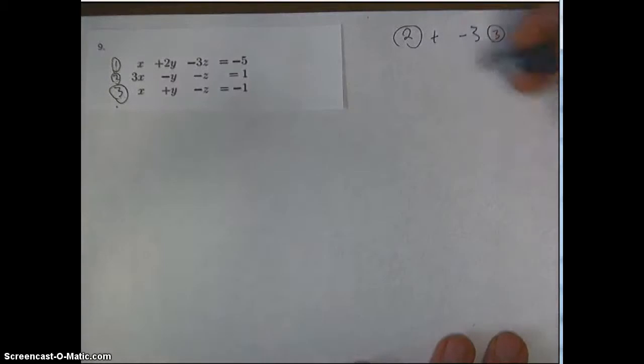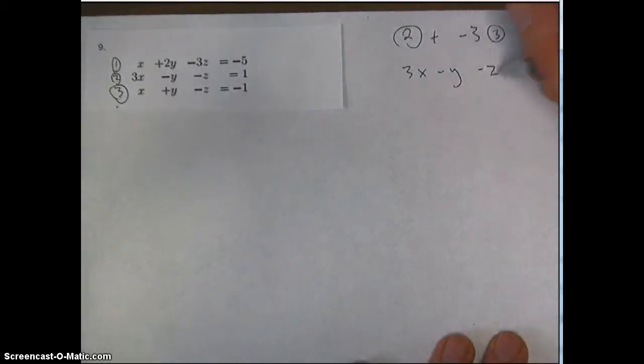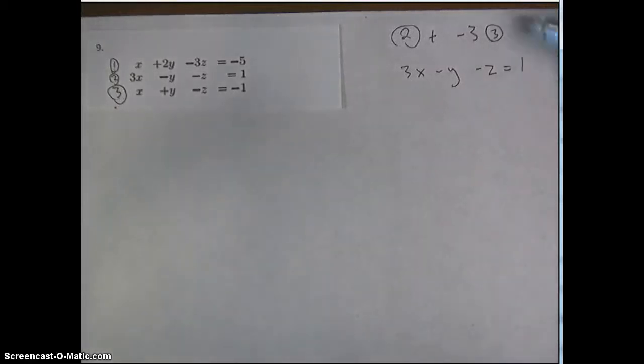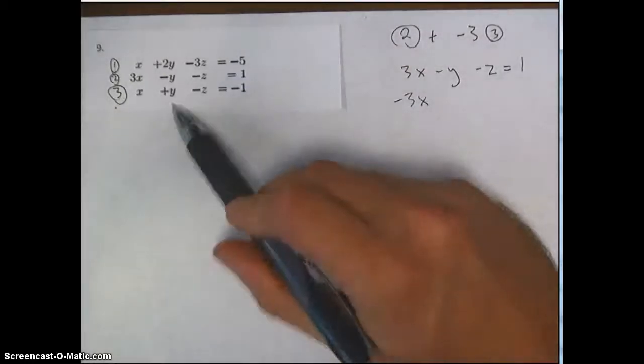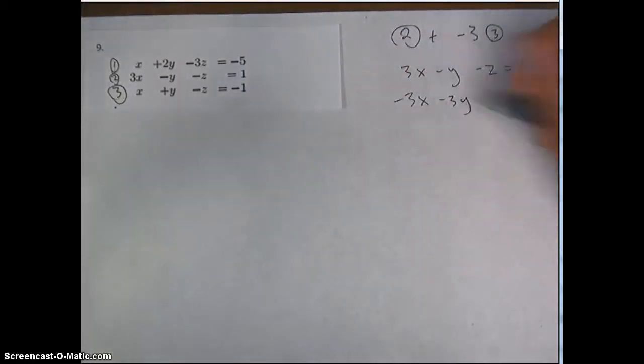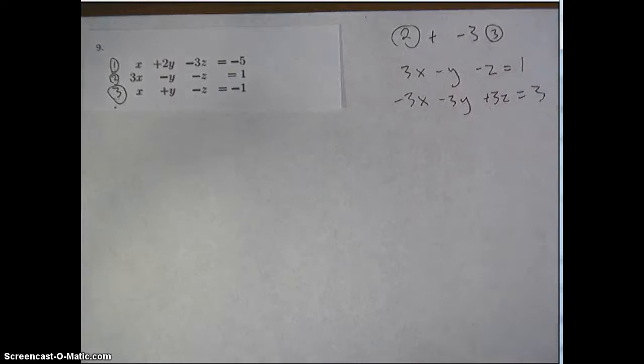I'm just going to copy down equation 2, which is 3x minus y minus z equals 1. And then I've got -3 times equation 3, so that gives me -3x, -3y, and +3z, and that's going to equal -1 times -3, which is just 3.